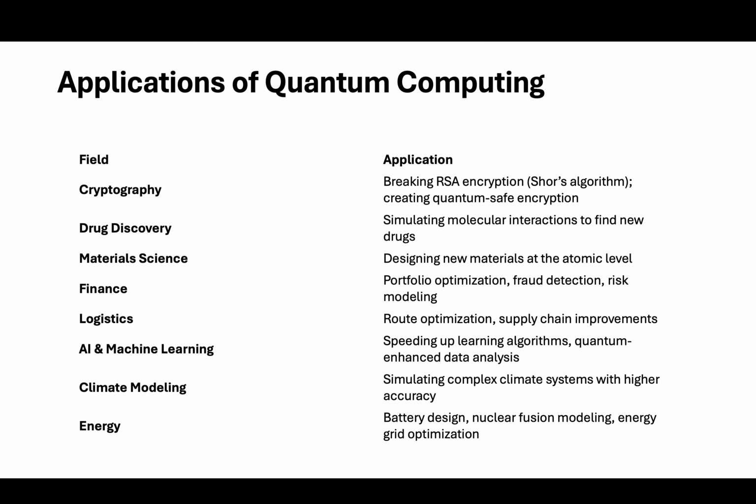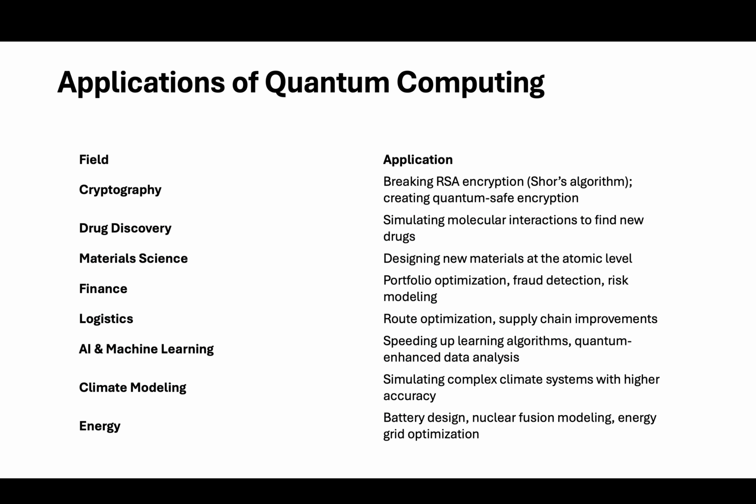Then, going into detail about applications of quantum computing. In cryptography: breaking RSA encryption with Shor's algorithm, which is being used, and creating quantum-safe encryption. That's the idea about cryptography. In drug discovery: simulating molecular interactions to find new drugs.